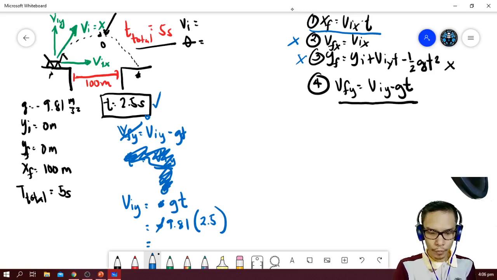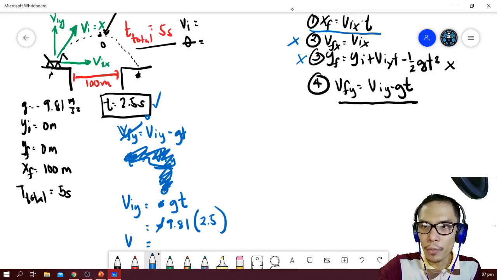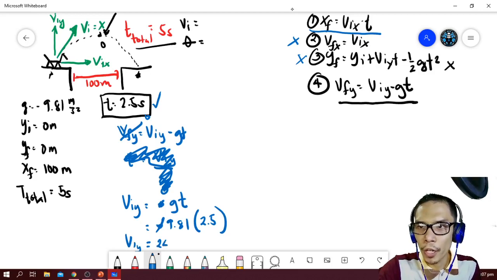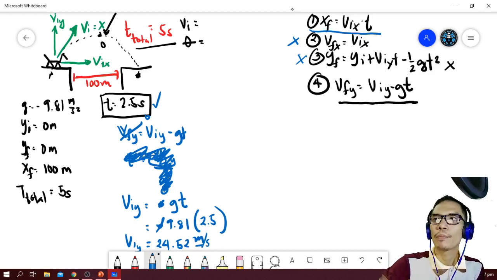So what will be the answer? 9.81 times 2.5 will be 24.52. So the v sub iy will be 24.52 meters per second. Next one.